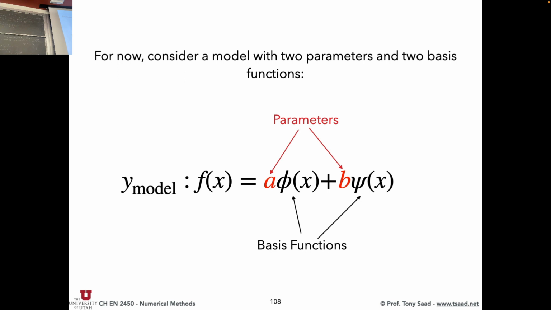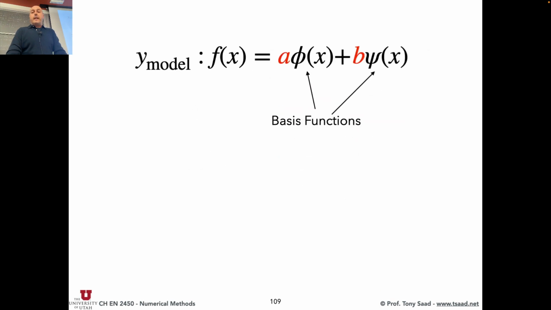And those two basis functions are multiplied by two parameters a and b. That's our model. So you are given data x and y, and we're trying to fit a phi x plus b psi x to those data.